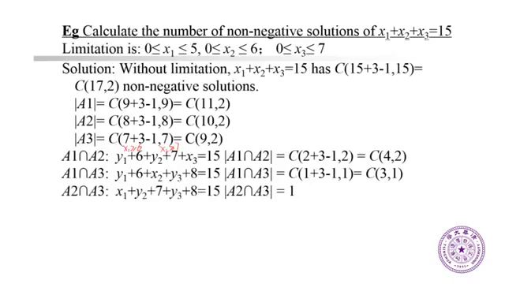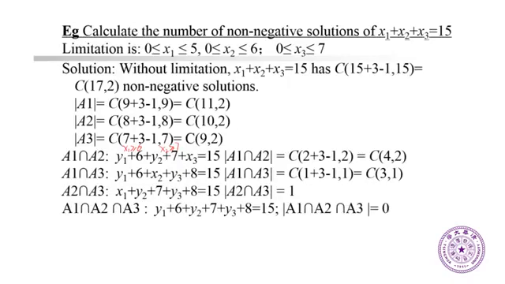As for A1 and A2 and A3, it means that the first variable is larger than or equal to 6, the second variable is larger than or equal to 7, and the third variable is larger than or equal to 8. 6 plus 7 plus 8 is already larger than the right-hand side, so the intersection of A1, A2, and A3 is 0.